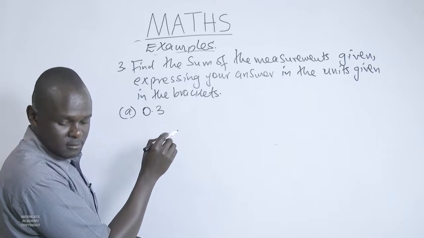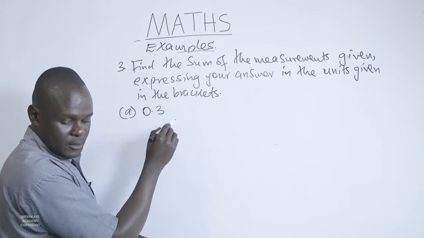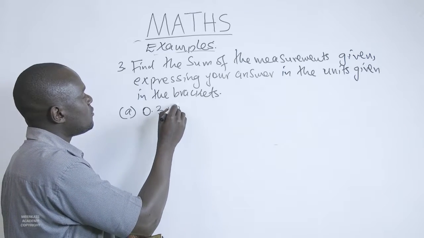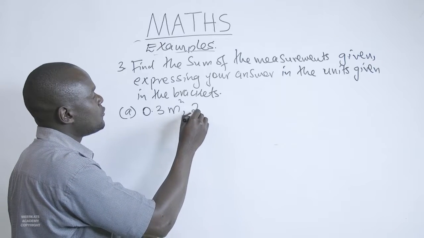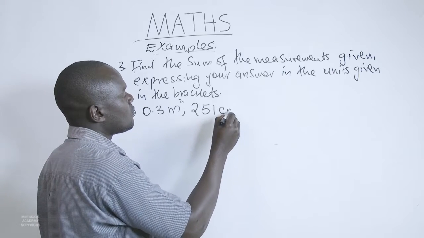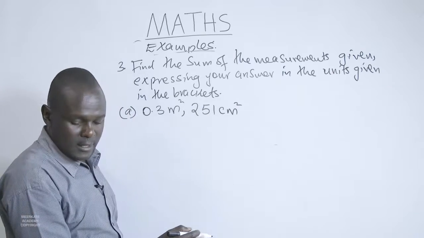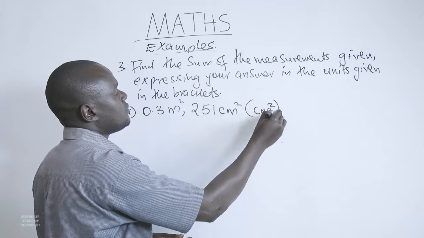Our first sum should be of 0.3 square meters and 251 square centimeters, and our answer should be expressed in square centimeters.